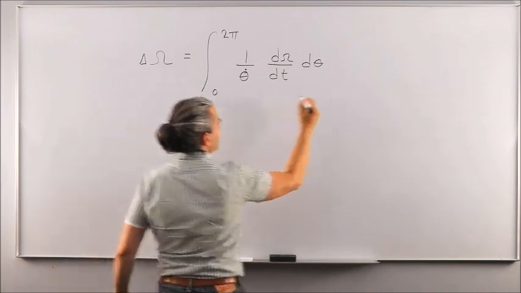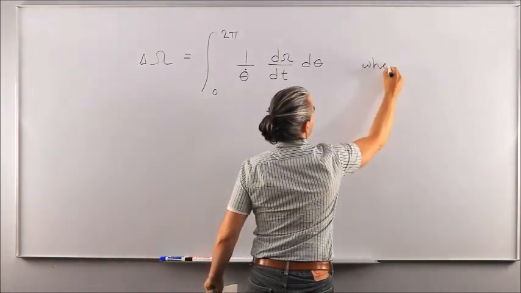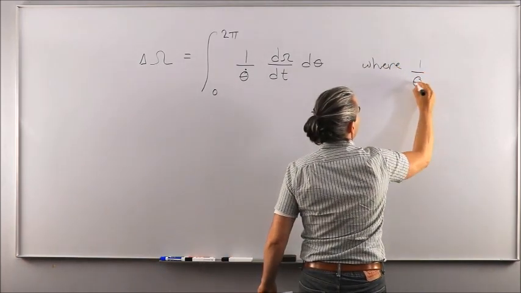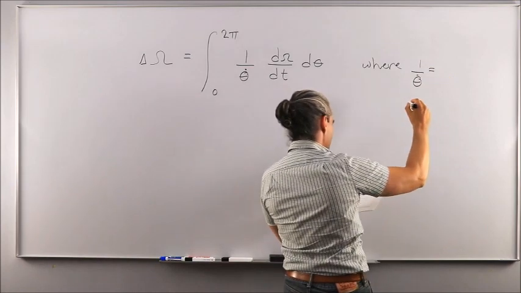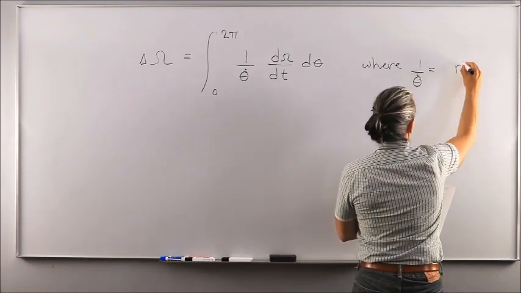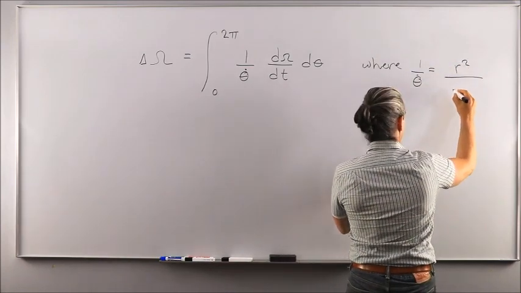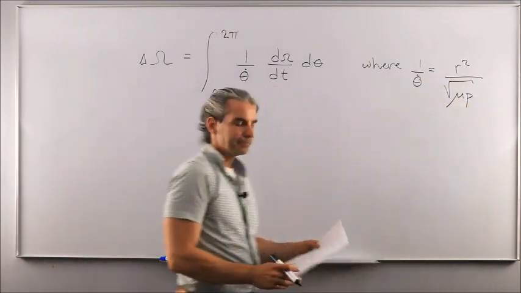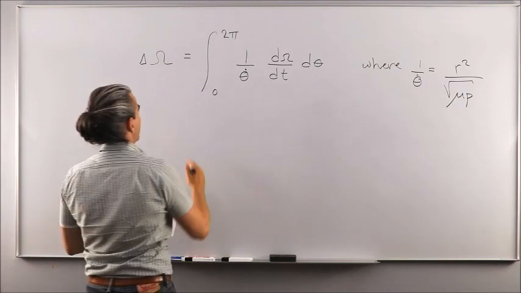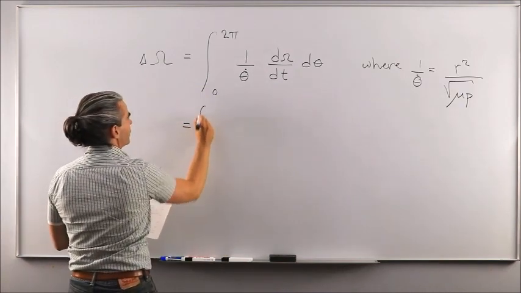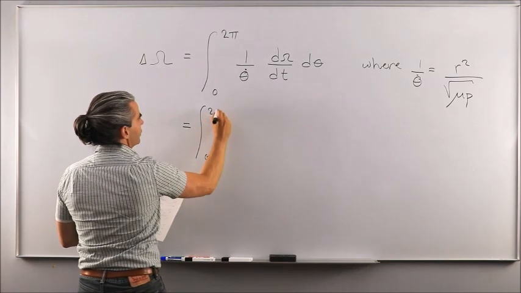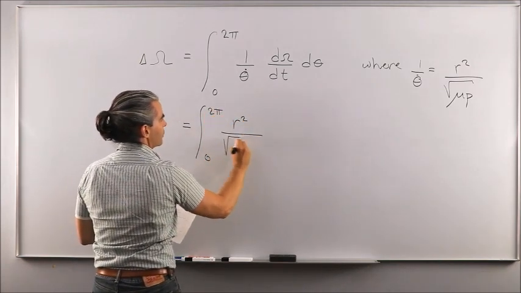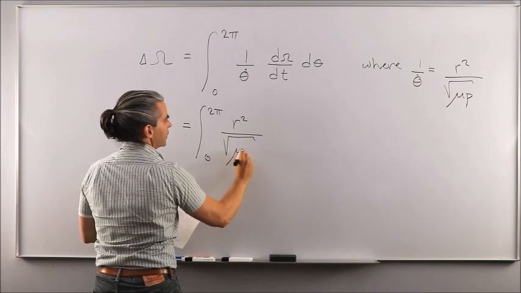So we're going to recall that our 1 over theta dot from last time was equal to r squared over square root of mu p, such that we can go back to our integral here and write the integral from 0 to 2 pi of r squared over square root of mu times p.